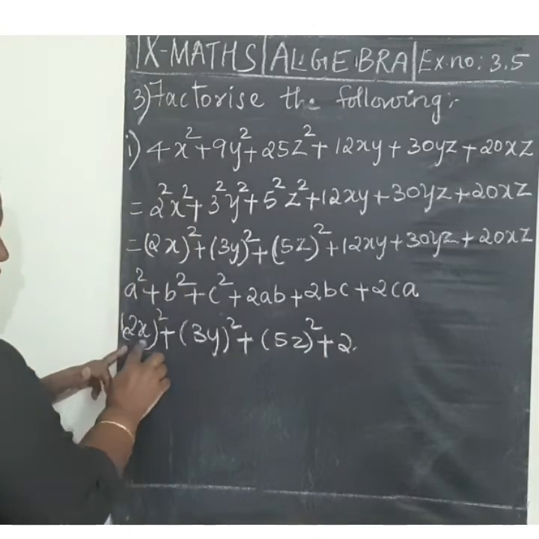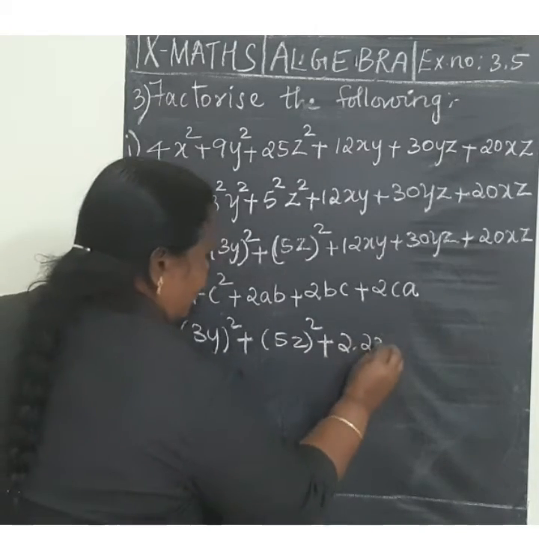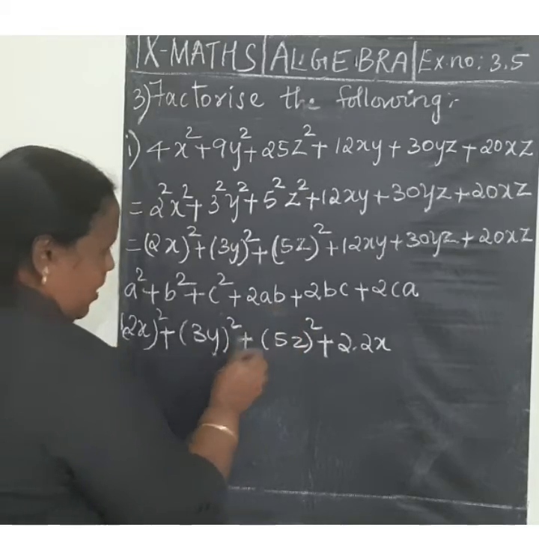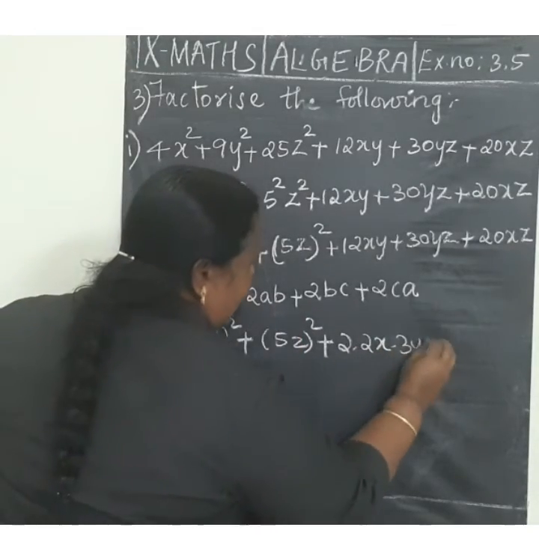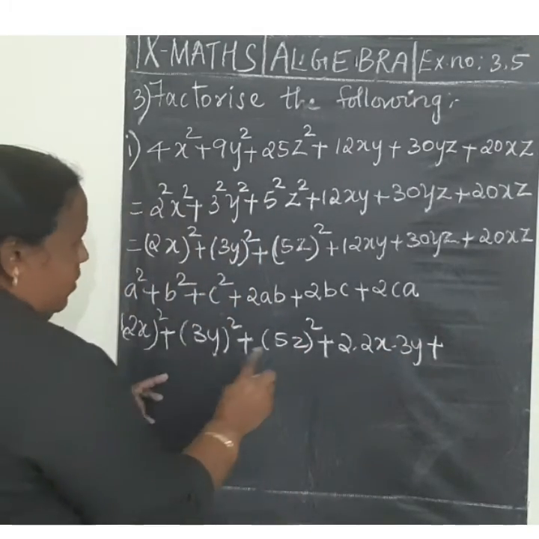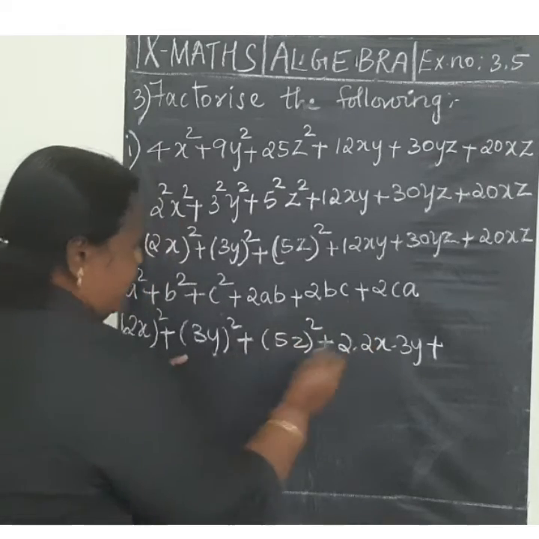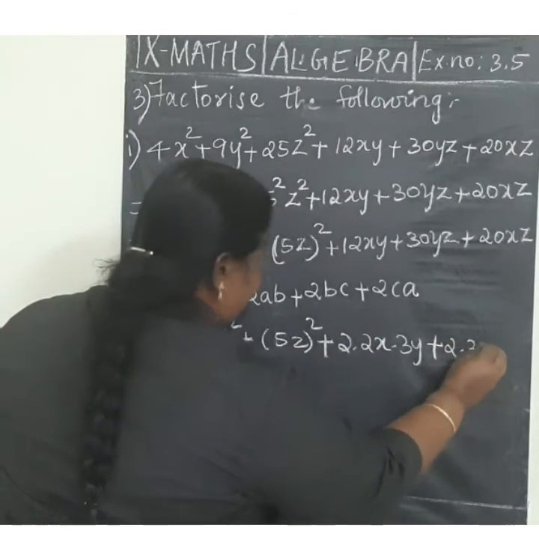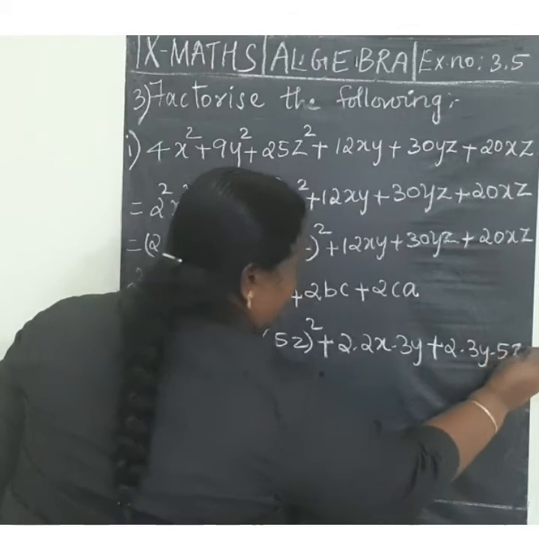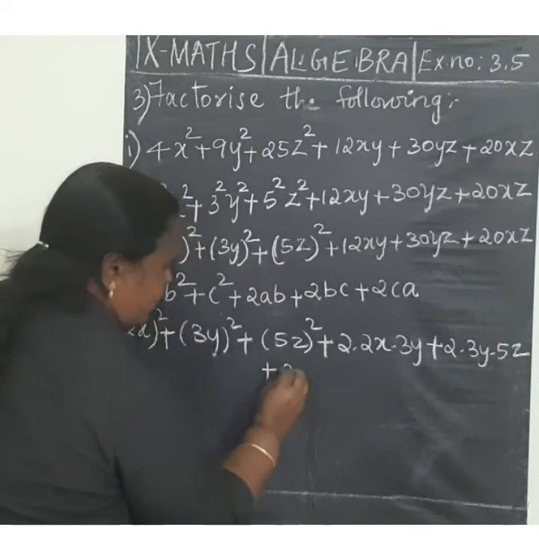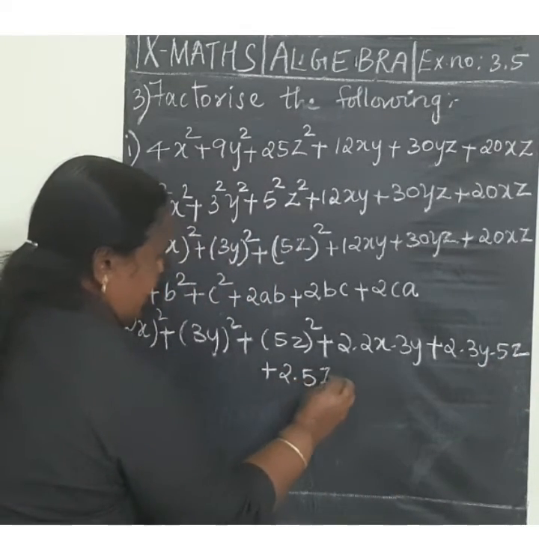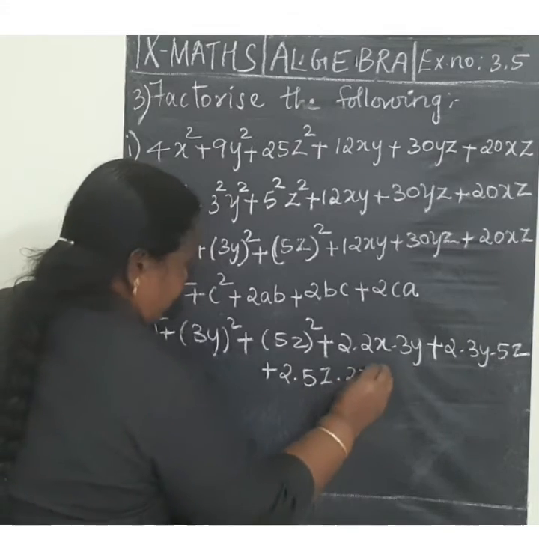What is our a here? 2x into 2x. b is 3y into 3y, plus now 2bc: 2 into b, which is 3y, c is 5z, plus 2 into c, 5z, a, 2x.